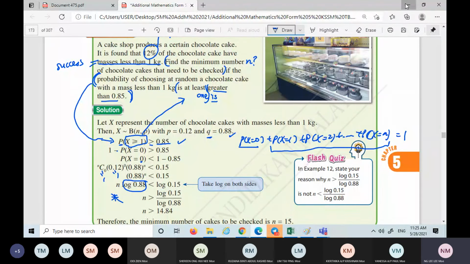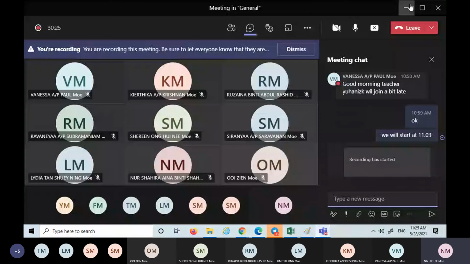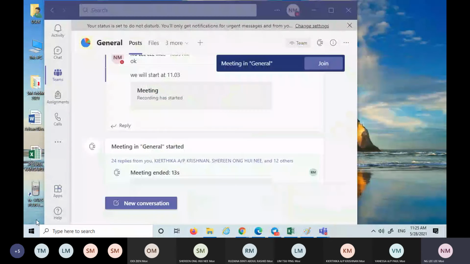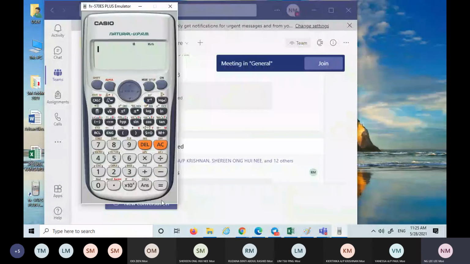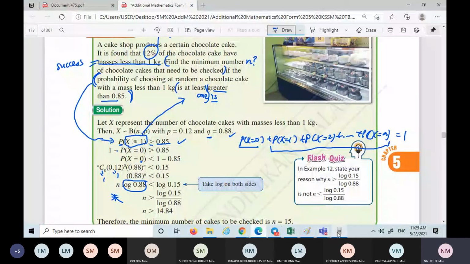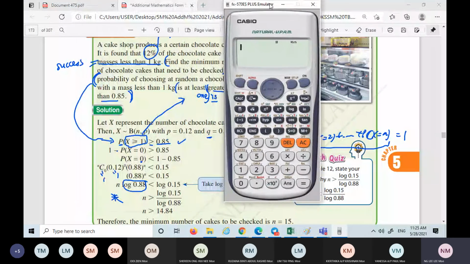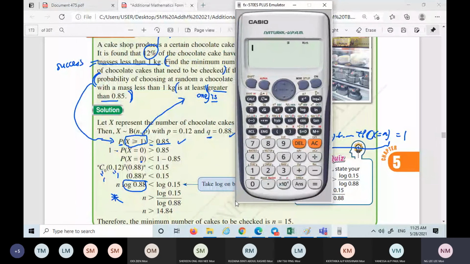Okay, wait, I call out my calculator. Log 0.88, let us see.